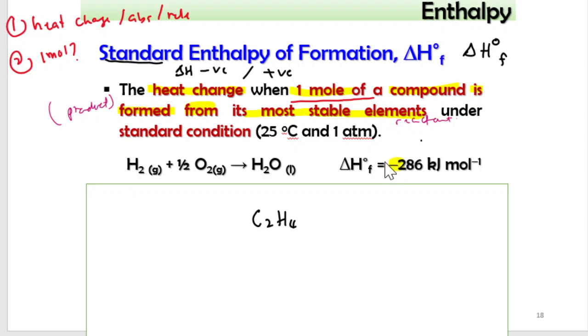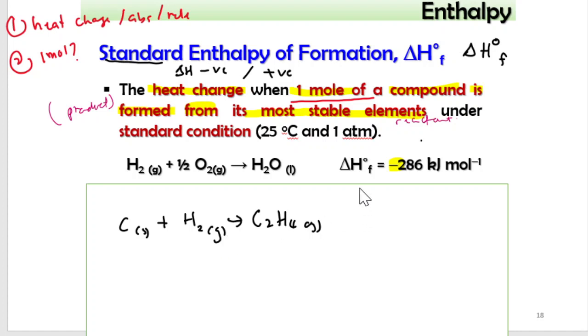So, untuk C2H4 in gas, okay. So, enthalpy formation of C2H4, dia mesti from its element, most stable state of its element. So, kamu ada kat sini carbon, then you have hydrogen. Okay, so carbon exists as solid, stable state. Maksudnya dalam keadaan biasa, dia exist sebagai carbon in form of solid, and your hydrogen H2 in form of gas.